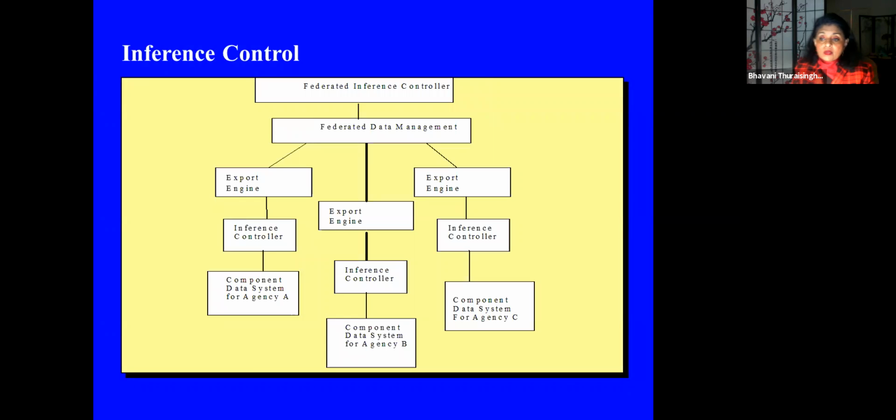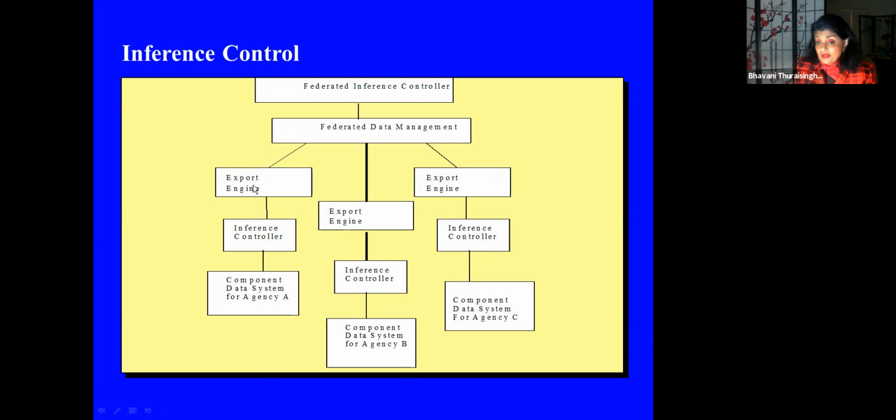Okay, so for inference control, again, federated inference controllers or heterogeneous, you have component agencies A, B, and C. A has its local inference controller, B has its local inference controller, C has its local inference controller. And then some of the results you can export. It's an export engine. You can export to the federation.